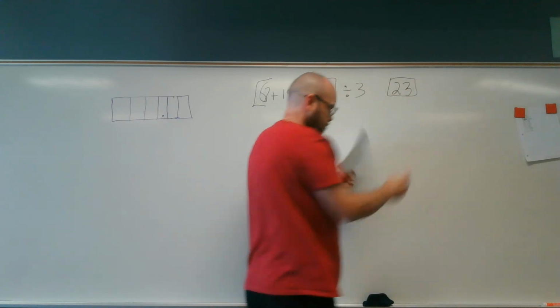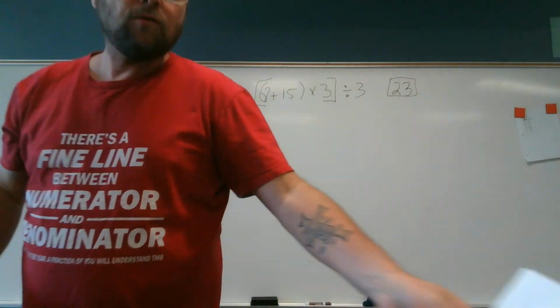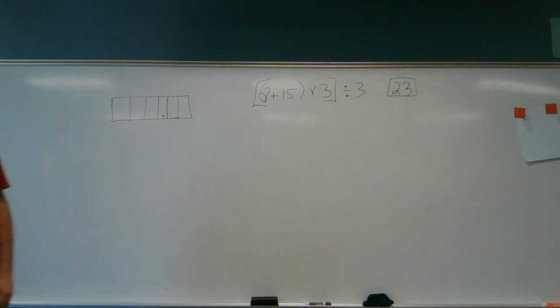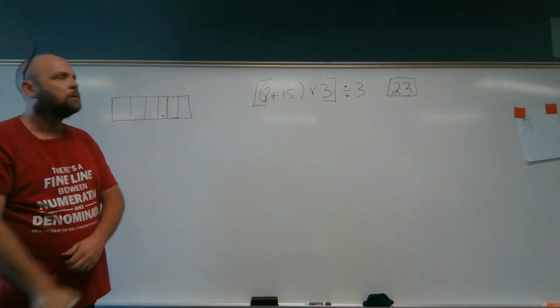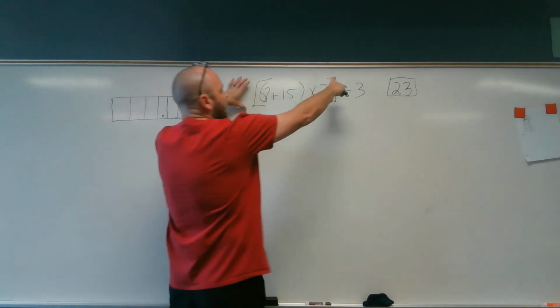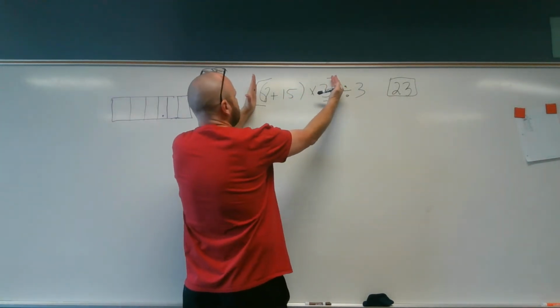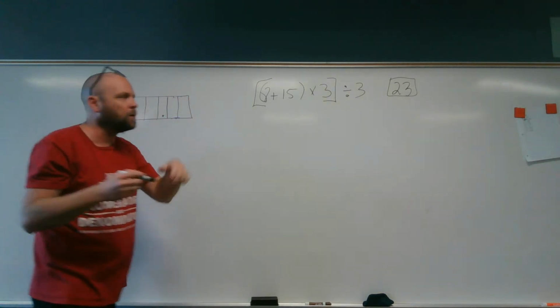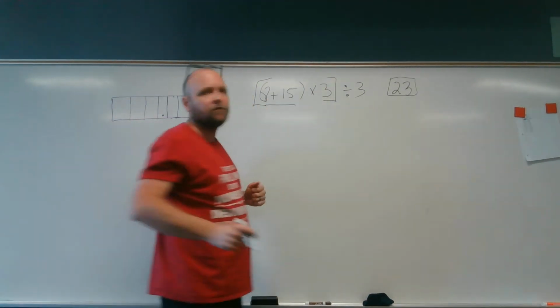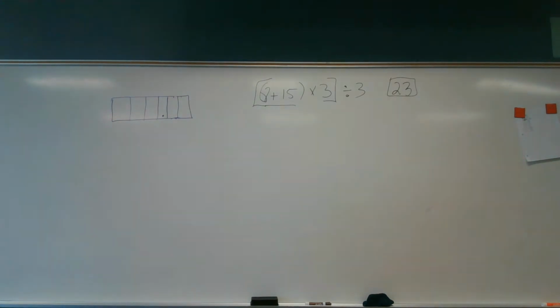All right, so Cheyenne, what do I start with here? You add 8 plus 15. Good, I started inside my brackets, inside my grouping symbol. So then I'm going to treat this like it's its own problem. Inside the grouping symbol, I have the parentheses. So I'm going to do the parentheses first.